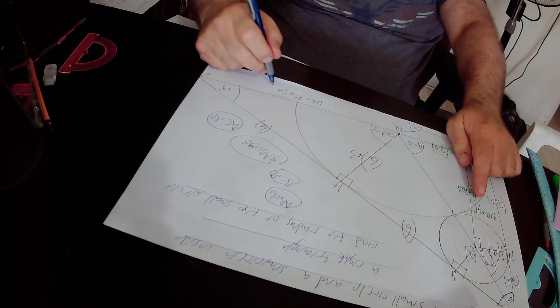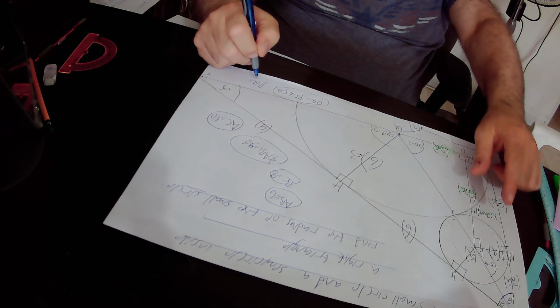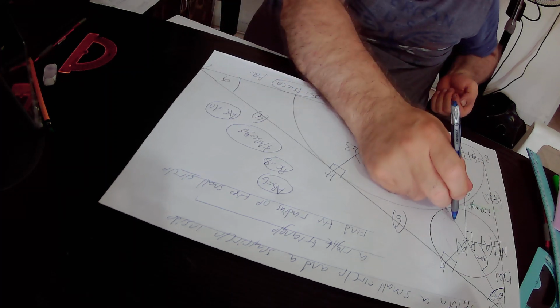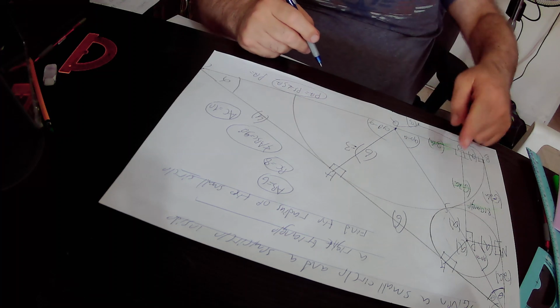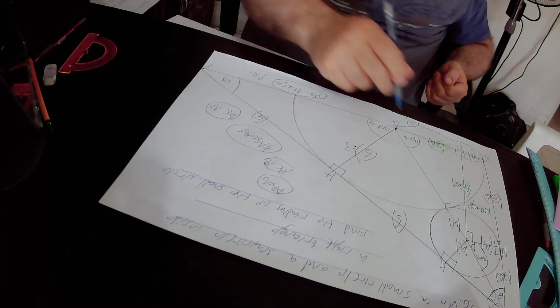So PQ equals PS. PS is the radius of this small circle, that is A. A is the radius that we are looking for in this question, plus SQ. SQ is the radius of this semicircle, that is equal to 3.